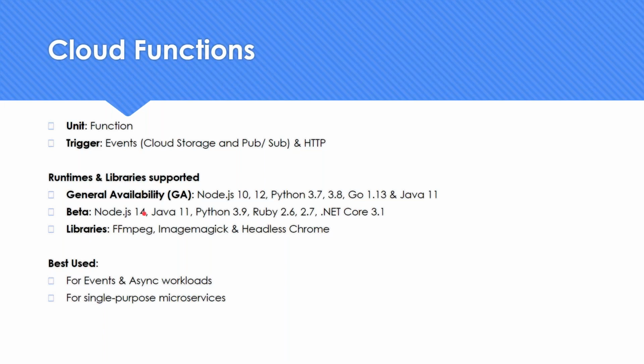Ruby and the latest version of Node, or at least the so-called latest version, are all in beta. So these two are important when it comes to Cloud Functions: the trigger and the runtime support. Now I would say I can easily compare it with Lambda. Most of the options which Lambda supports, Cloud Functions also supports to a great extent.